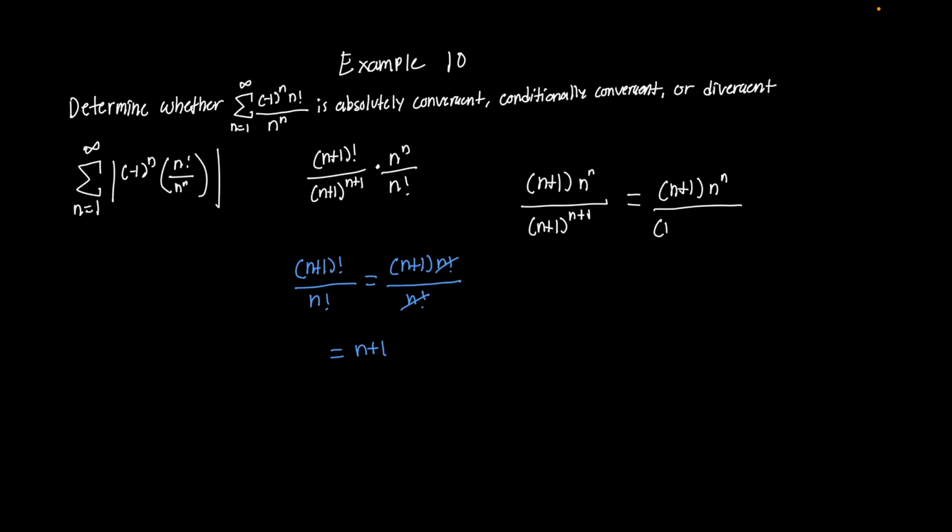This is also the same thing as n plus 1 to the nth power times n plus 1. As you can see, in red, the n plus 1's cancel out.